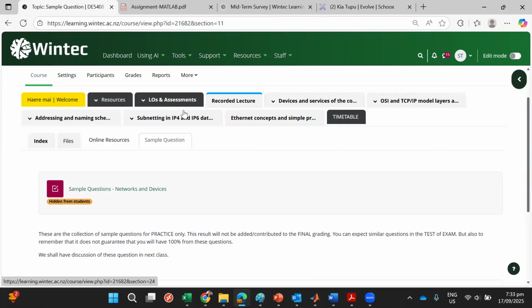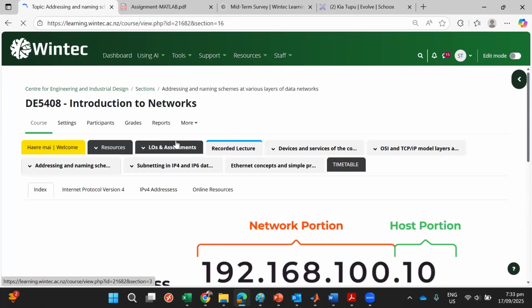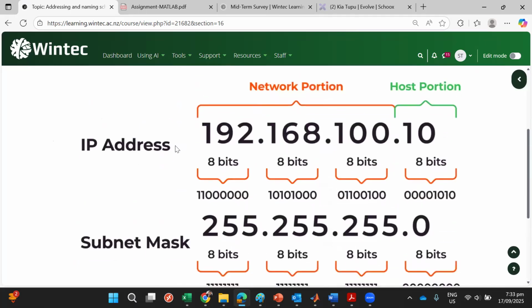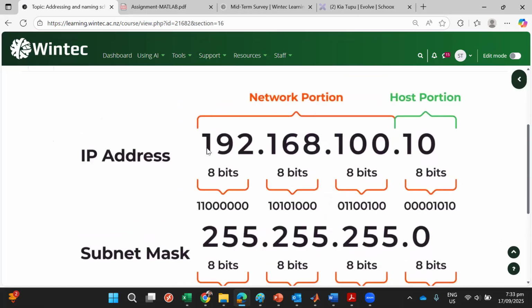Okay, so let's start with our addressing and naming scheme that we started in the last class. This one shows you the IP address, and any IP address is represented with decimal numbers.